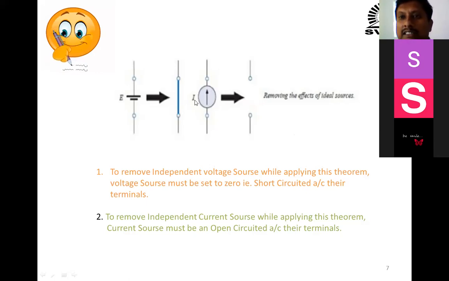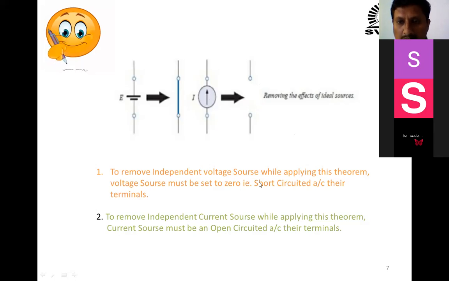Now, in the theorem the second paragraph is there, that is voltage sources replaced by short circuit, and current sources will be replaced by open circuit. So we have to do it like this. So that is given here. To remove the independent voltage source while applying this theorem, the voltage source must be set to 0. म्हणजे voltage source short केला याचा अर्थ तो 0 झाला.